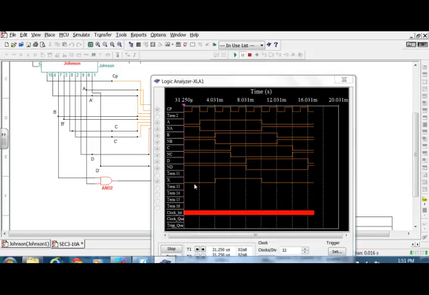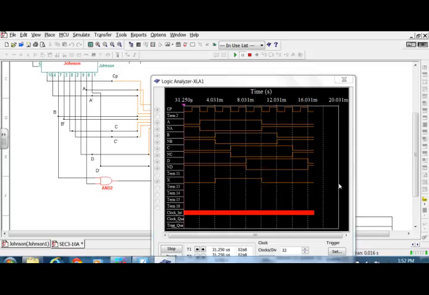Now the issue is, is the output X correct? Okay, the output X is coming from B and A. So when B and A are both high, which starts right there, it's going to be high. And it stays until B and A cease to be high, and then it goes down.